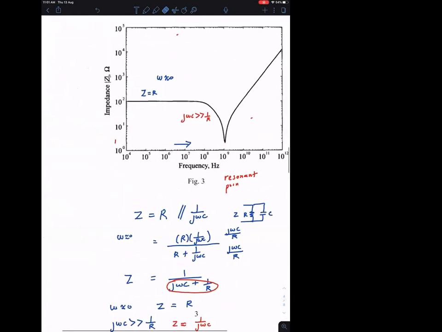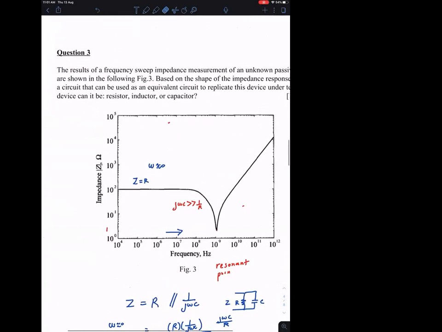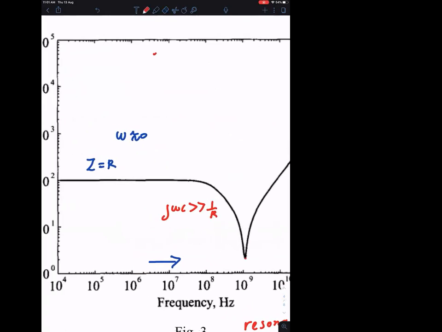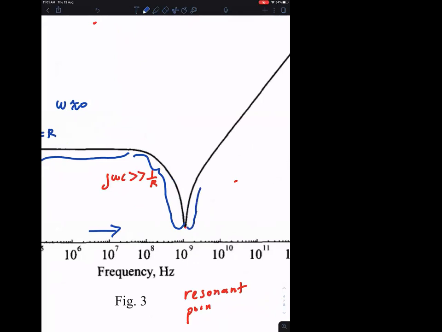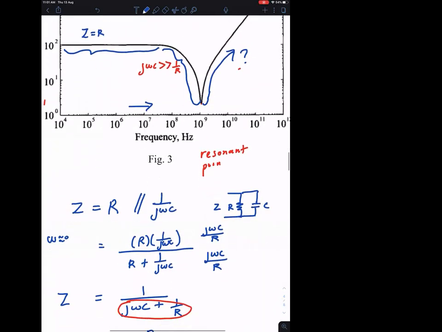Do you guys understand what's happening from here to here? Now we look at this part here. Why is it going up suddenly? What can make it go up?